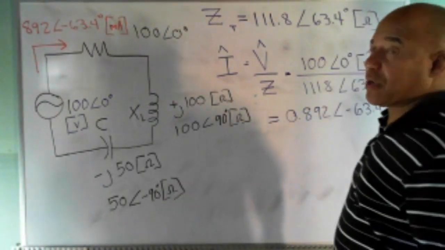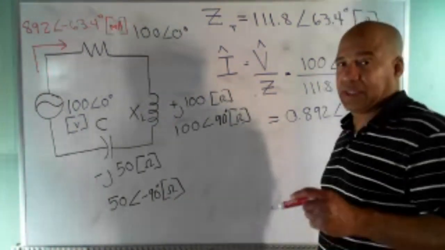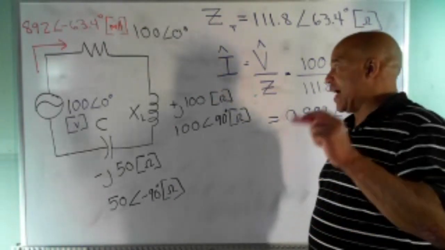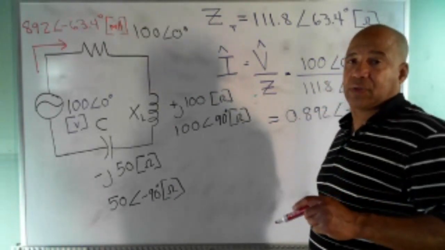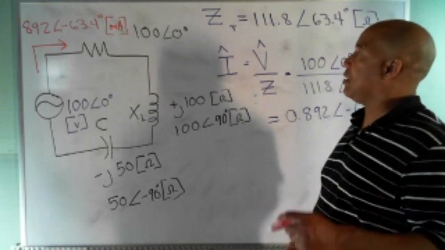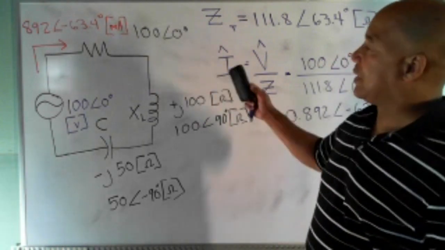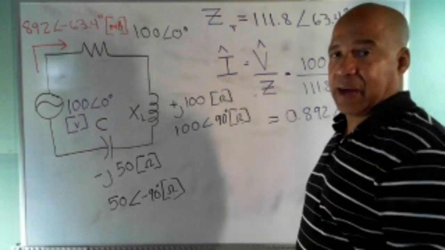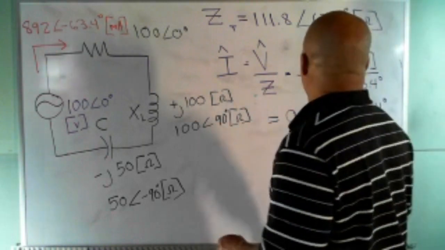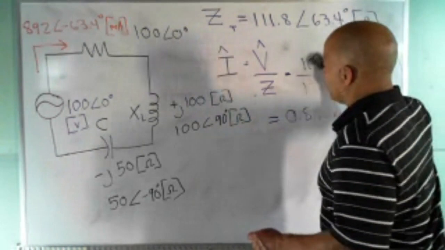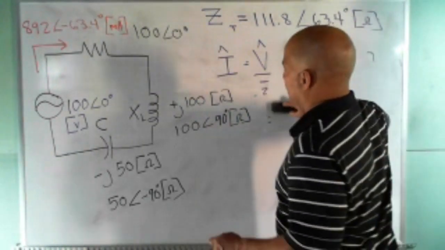So now what do I do? Well, if this were DC, to completely solve the circuit, we've got to find voltage drops. So how do I find the voltage drops? Well, once you get the current, it's just I times R. If this was DC. In AC it's I times whatever the opposition is. So we've got to find all of the voltage drops. So let's do that.